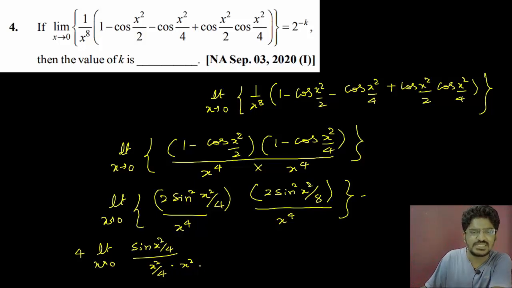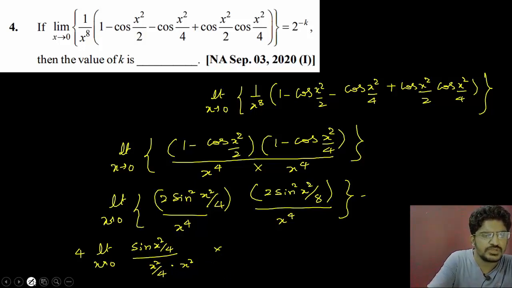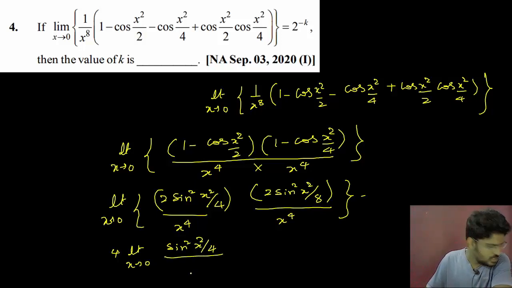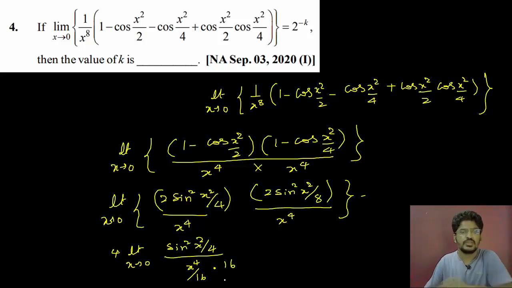So that will be 16. Clear? So here we have to multiply it with x square by 16. Okay, so wait, I will adjust the term. So 4 we can write outside, x extending to 0, sine square x square by 4 divided by, this term is x to the power of 4 divided by 16 multiplied with 16. Okay, so here I am dividing and multiplying by 16.